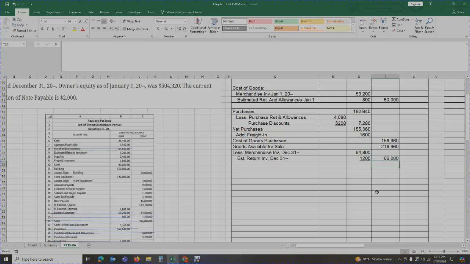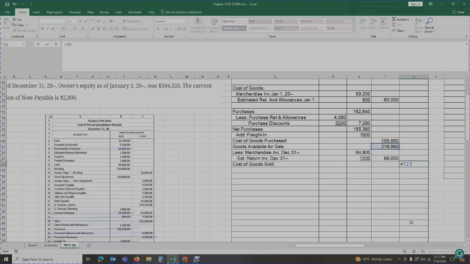Now that we've got that number, we can finally calculate our cost of goods sold. Our cost of goods sold is going to be calculated at the very end. To calculate it, we are going to get the 216,000, let's just put the formula, 216.